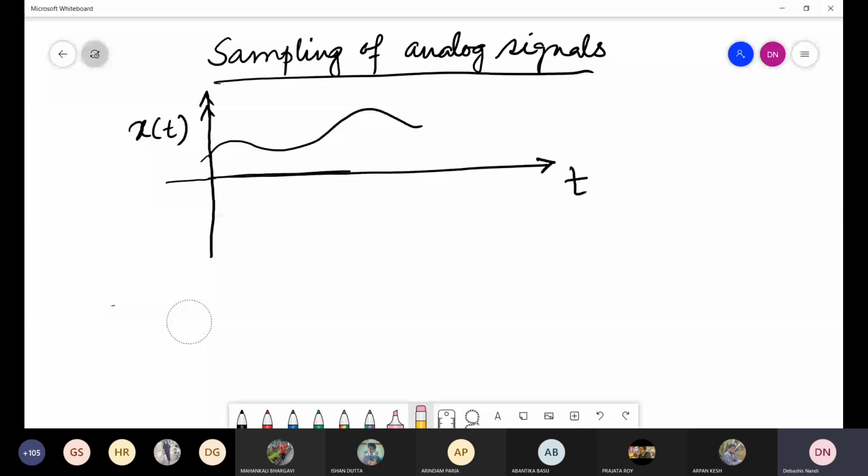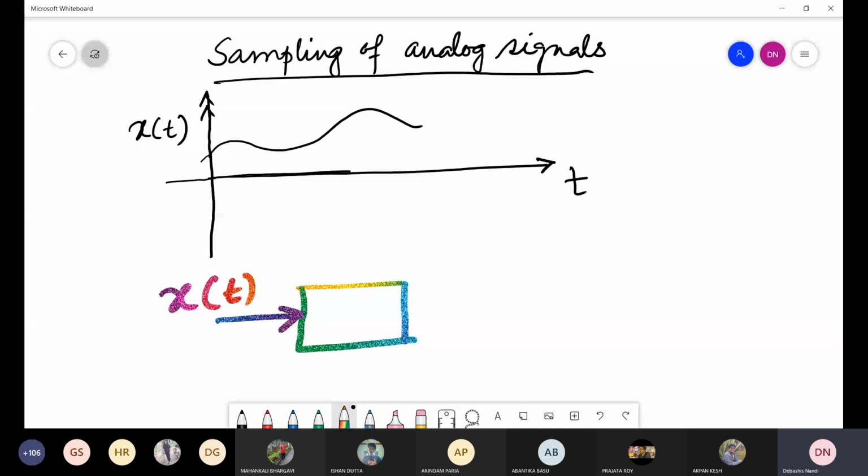Suppose this is a signal. Now you can use this sampler circuit, and this input is x(t). Here one switch is there. At every Ts seconds, the switch will be closed and then again it will open.